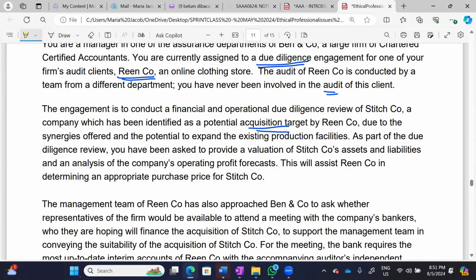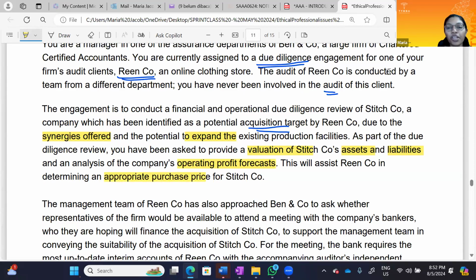As part of the due diligence review, you have been asked to provide a valuation of Stitchco's assets and liabilities and analyze the company's operating profit forecast. This will assist Rinco in determining an appropriate purchase price for Stitchco.